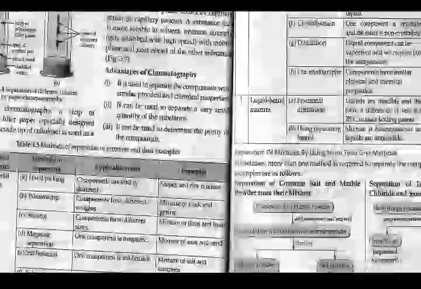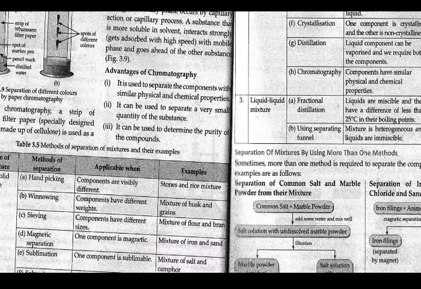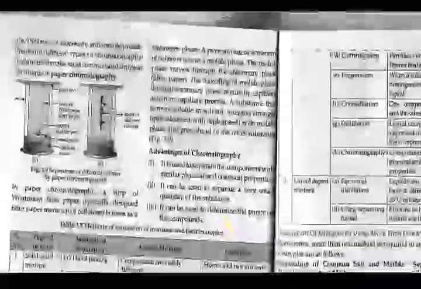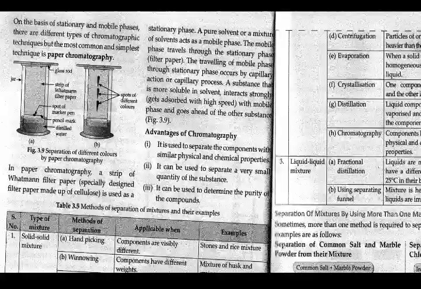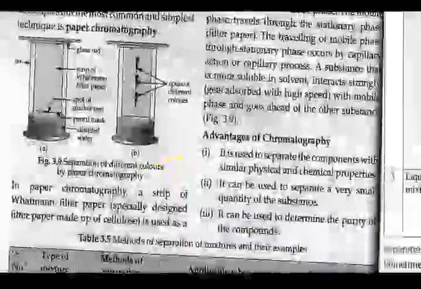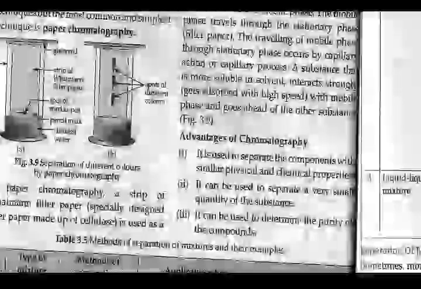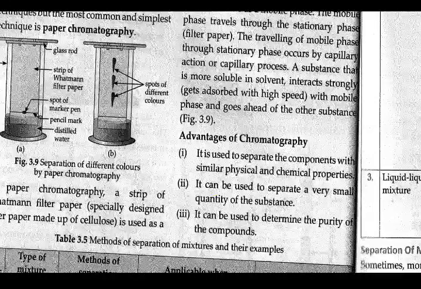Then on the basis of stationary and mobile phases, there are different types of chromatographic techniques, but the most common and simplest technique is paper chromatography, in which a strip of Whatman filter paper is used.